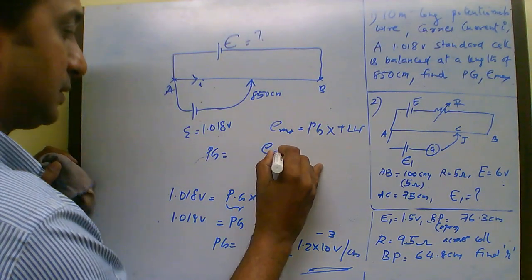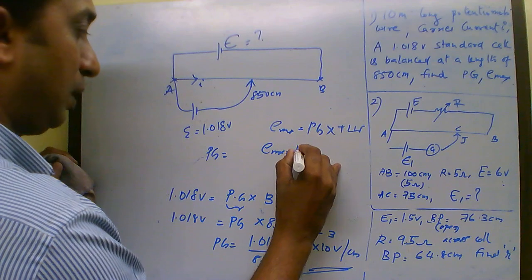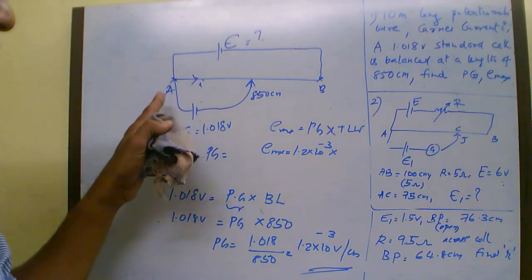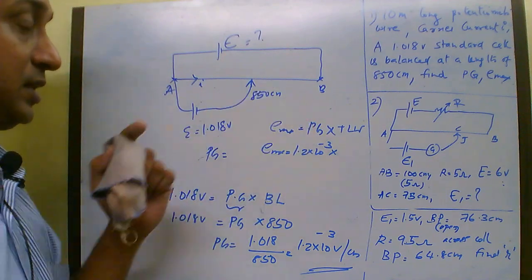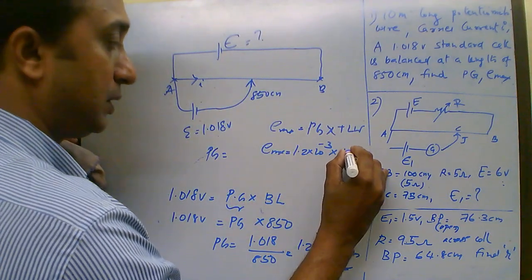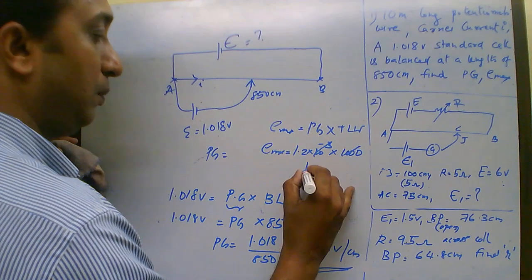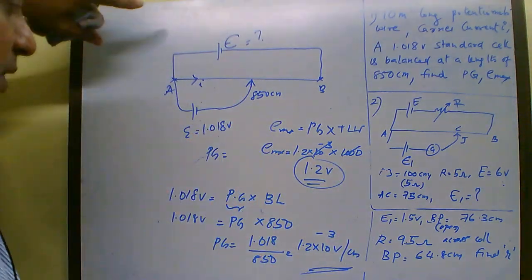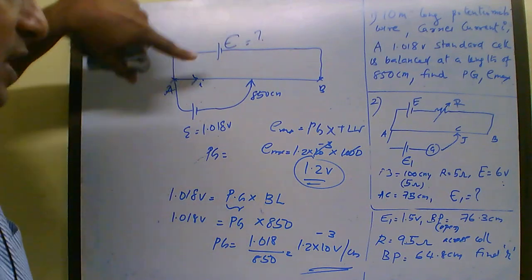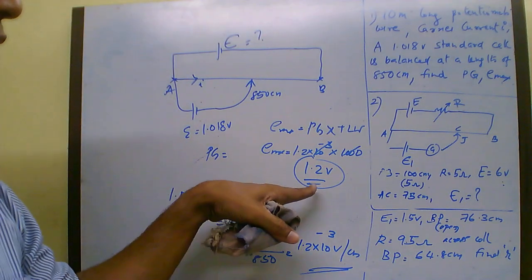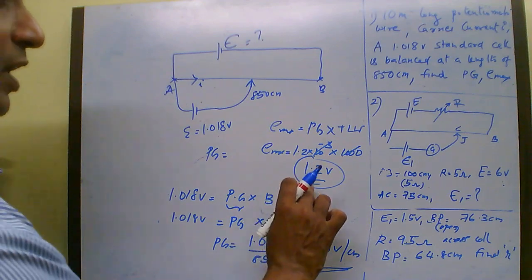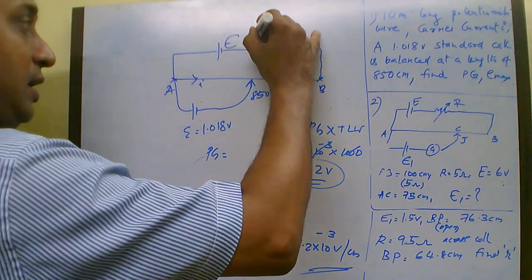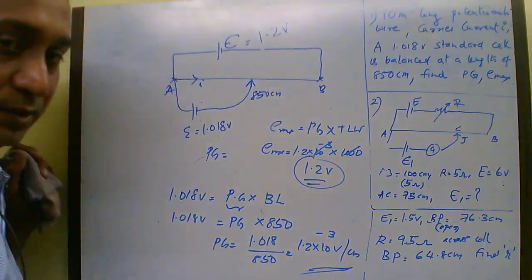So Emax is equal to 1.2 times 10 raised to minus 3 multiplied by 1000 centimeters. So you have 1.2 volt. So with this particular arrangement, the maximum EMF which can be measured is 1.2 volts.